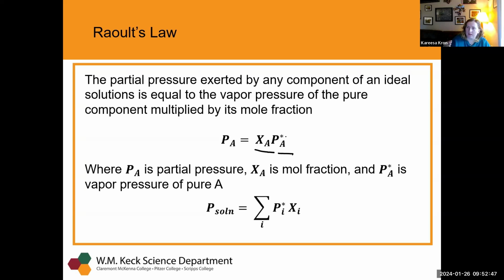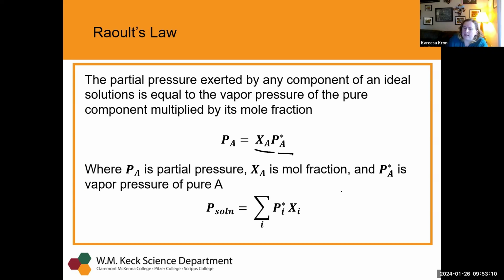So we've lowered it by multiplying the original vapor pressure by a fraction, if we're talking about something soluble or non-volatile. And we can ultimately describe the total pressure on any given solution as the sum of the individual vapor pressures multiplied by mole fraction.